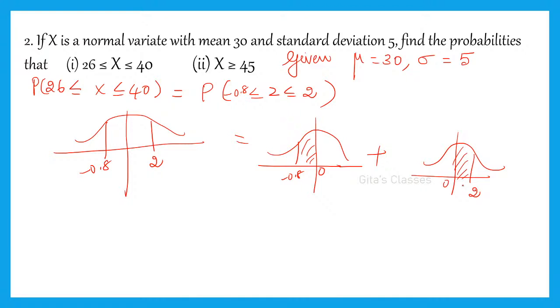So this is the integral. You need not write all these things in the exam. You write 0 to 0.8, that is enough. Directly from this you can write the values. This is for you to understand.